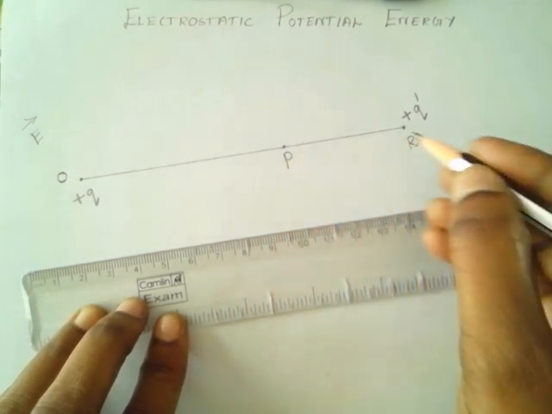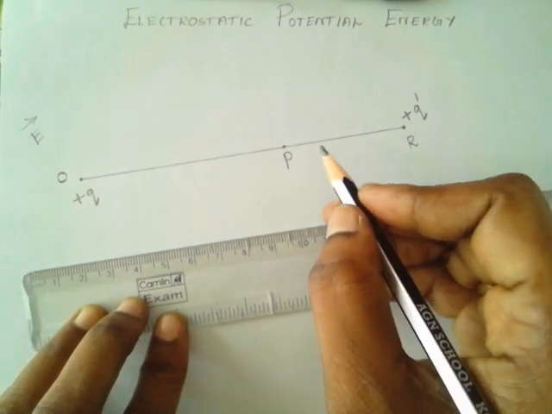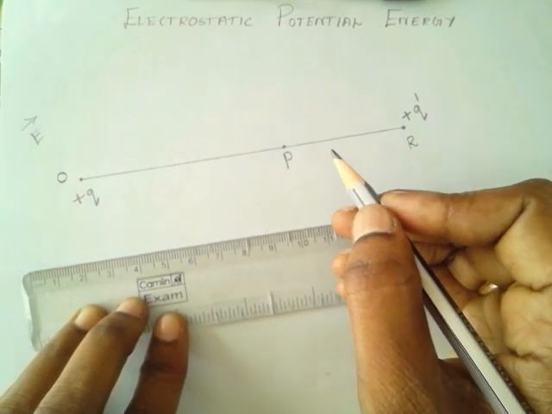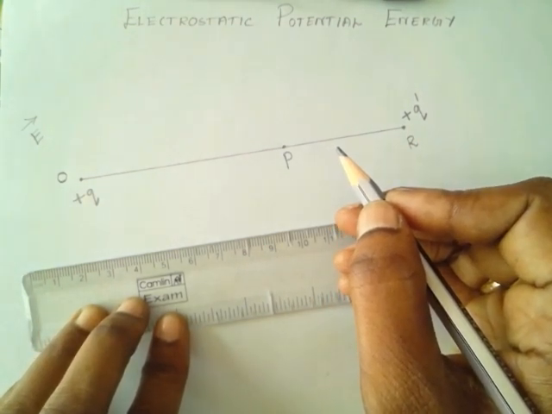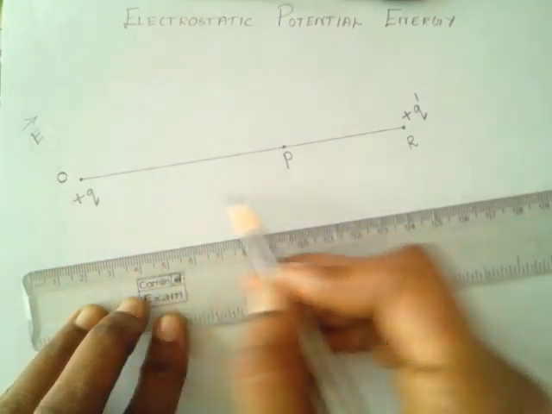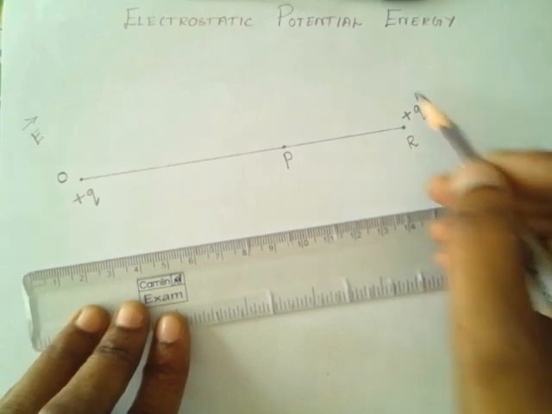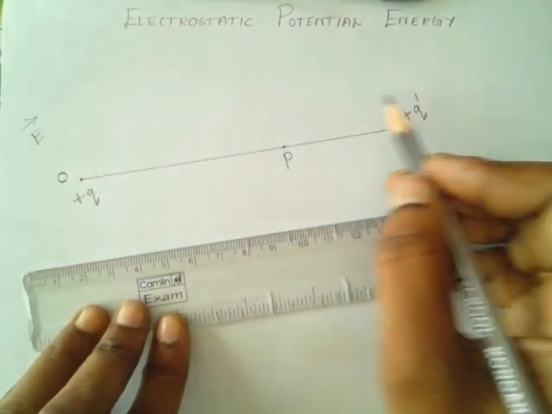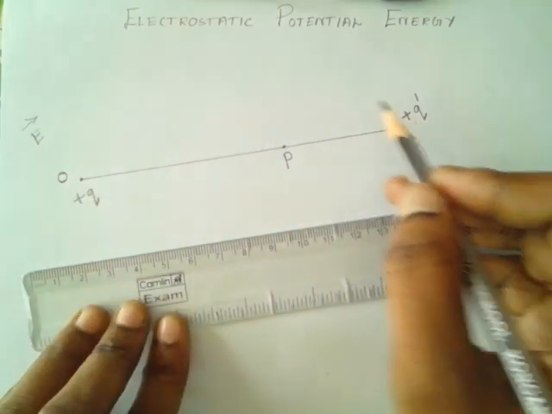To overcome this repulsive force, we need to do external work. This work done is stored as electrostatic potential energy in this system.